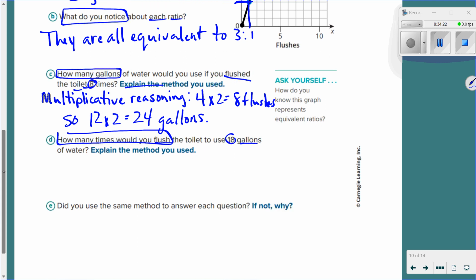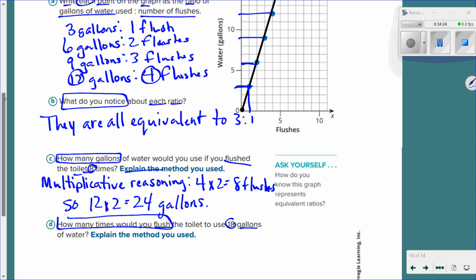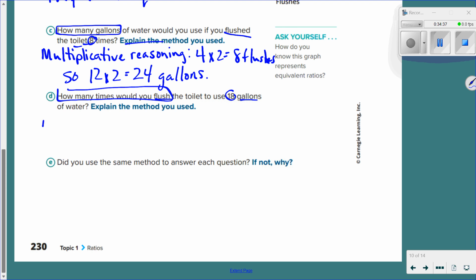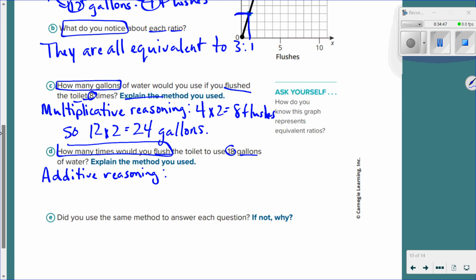So now I've got 18 gallons. So for me, 18 gallons, I could do 6 plus my 12, right? Is that 18? So then I would do 2 plus 4 equals 6. So I can do additive reasoning. And what did I say? We started with gallons.